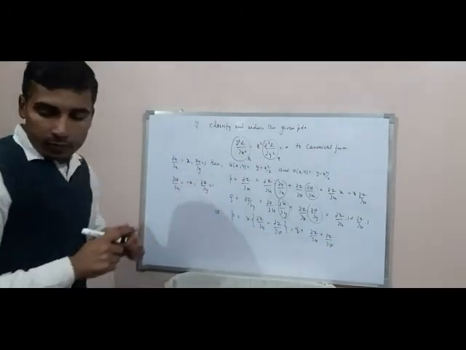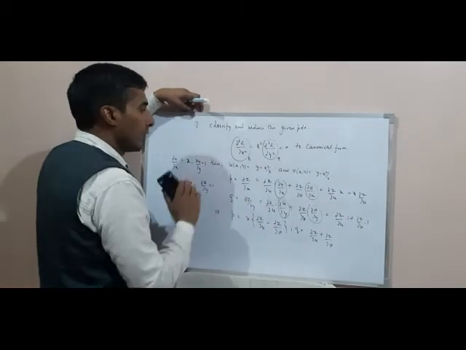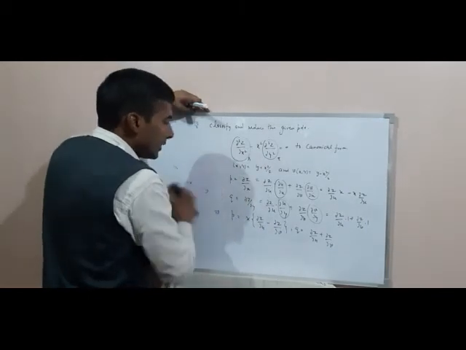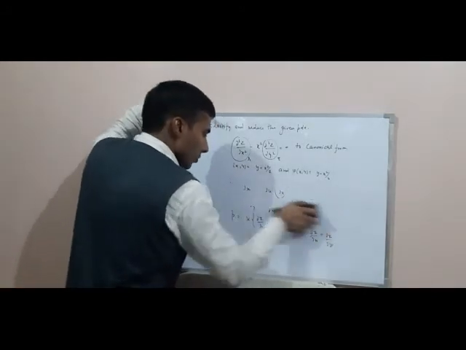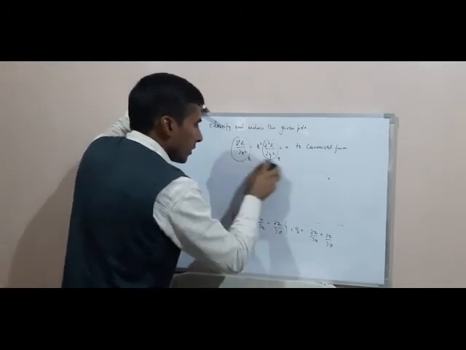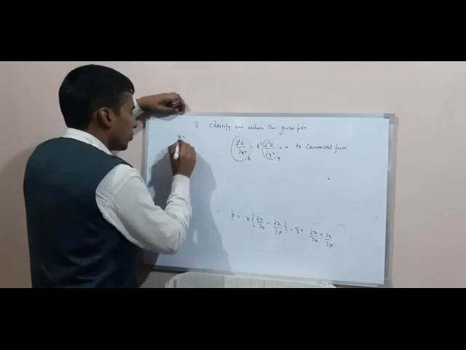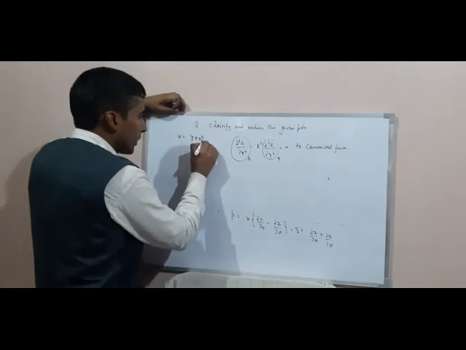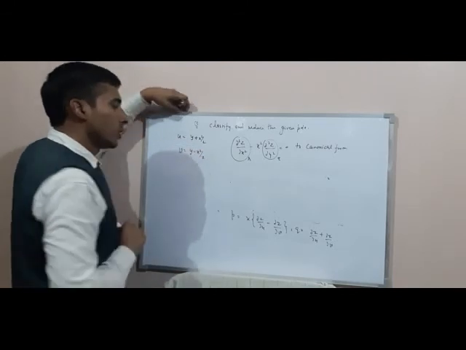Now we will find the value of r and t. To determine these values, we can use the values of p and q written here. We should remember the value of u is y plus x square by 2, and the value of v is y minus x square by 2.